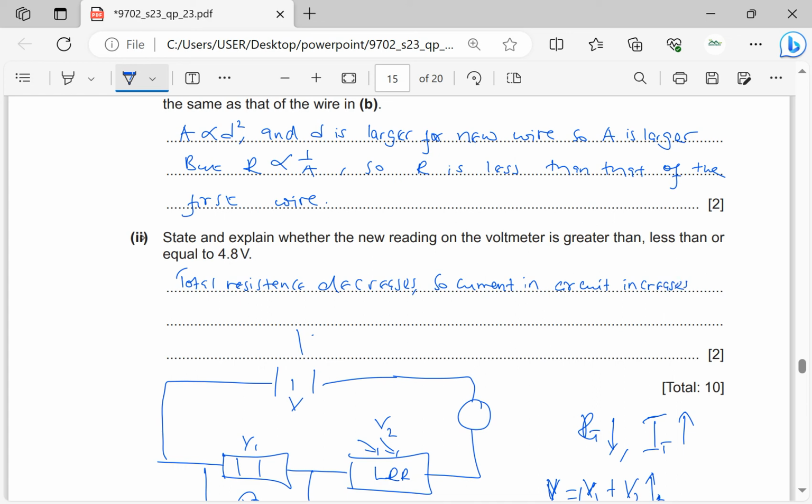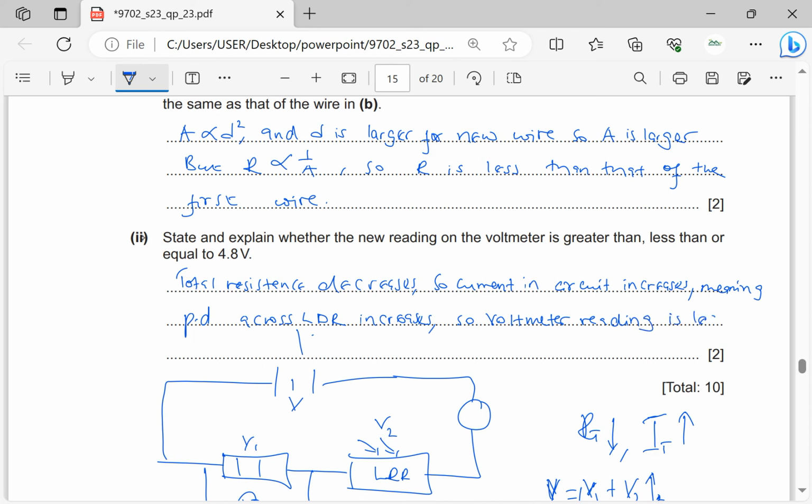Remember, it is the resistance of the heater which has gone down, but the current has increased. So it means the PD across the heater goes down, which means it should be compensated by the PD across the LDR going up. So meaning PD across LDR increases. So the voltmeter reading is less, or it decreases.